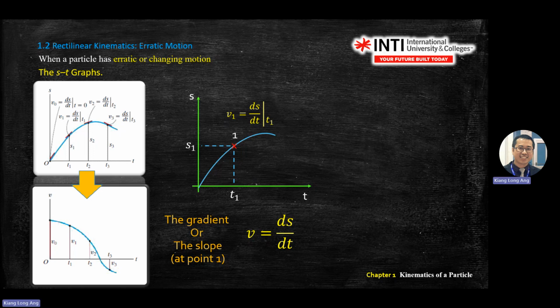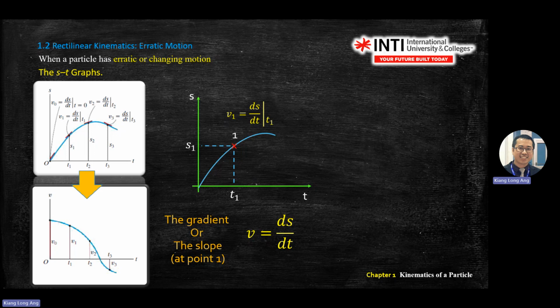Because the time is the same dimension, you draw lines to represent t1, t2. Then let's say you have a point on this part, point number 1, s1.